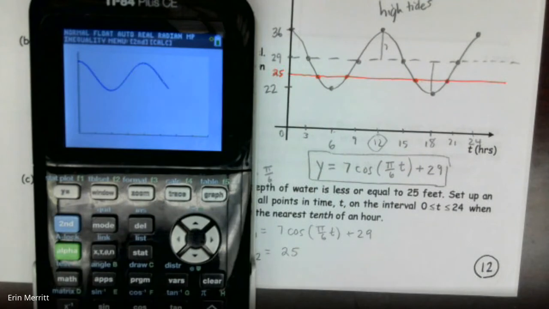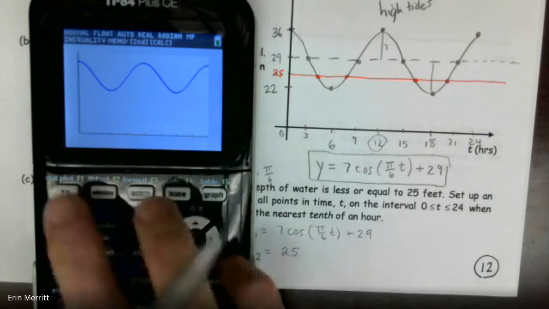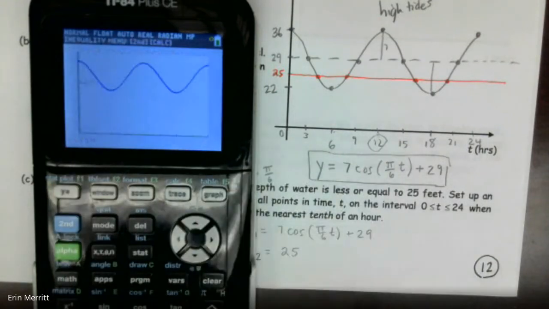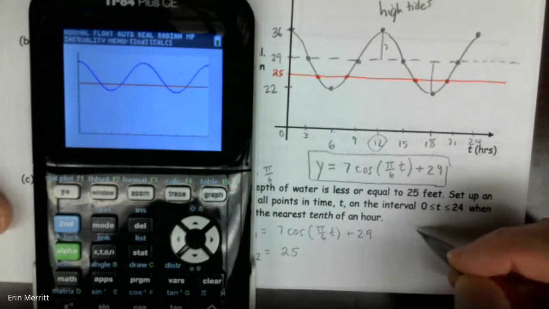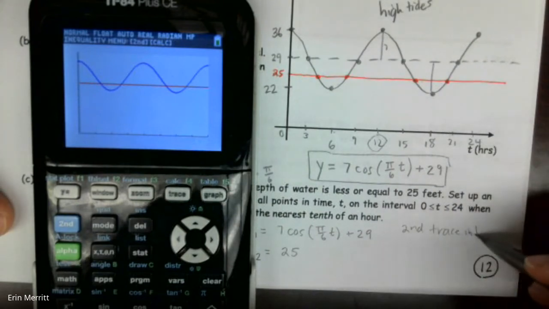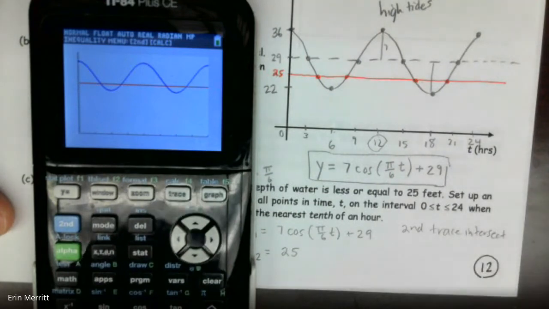So there's the cosine curve right there, from 0 to 24 hours. And then I forgot, I need to put into y2 the 25. Let me add that in there. Here we go. And that's that nice red line that we have right here. So I want to look at where the intersection is. Just like any other graph, second, trace, intersect is what we need to do here.